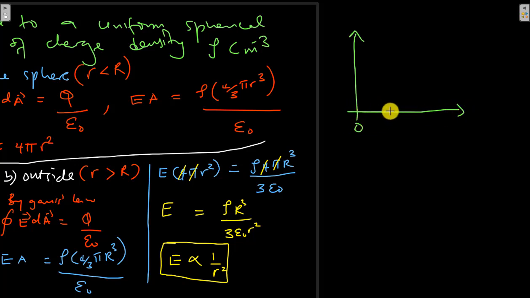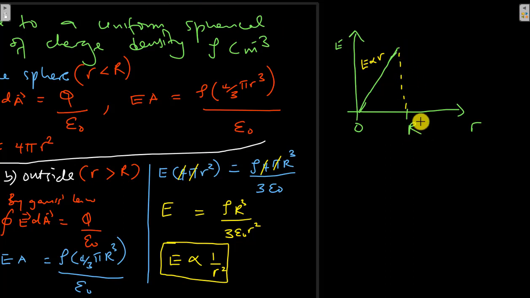From the center to the radius, the electric field is directly proportional. This is our electric field on the vertical axis. This is our center of the sphere, the distance from the center. So this is what the graph looks like. From the center of the sphere to the surface of the sphere, the electric field increases with the distance from the center.